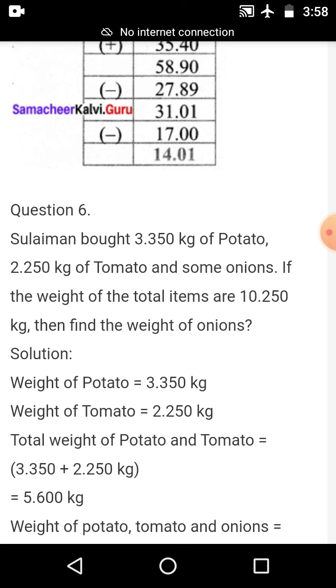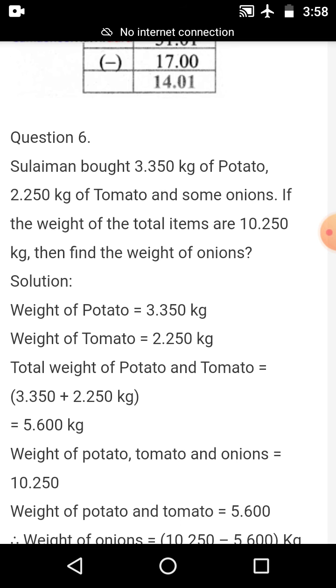They have given the weight of potato and tomato, and the total weight also. They asked the onion weight. Total weight of potato and tomato is 5.600.